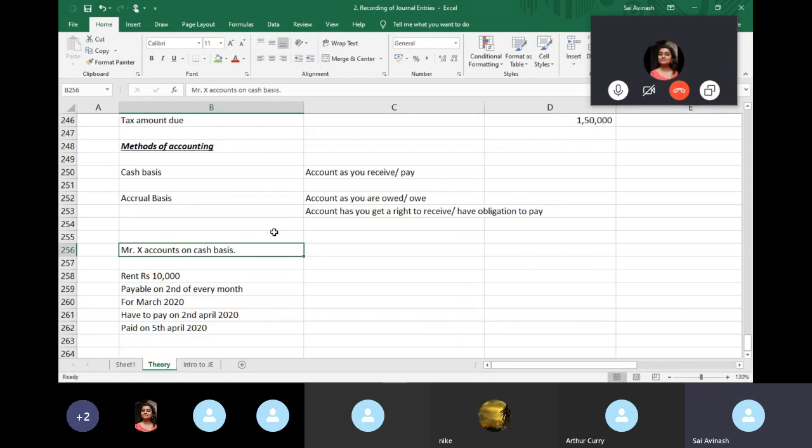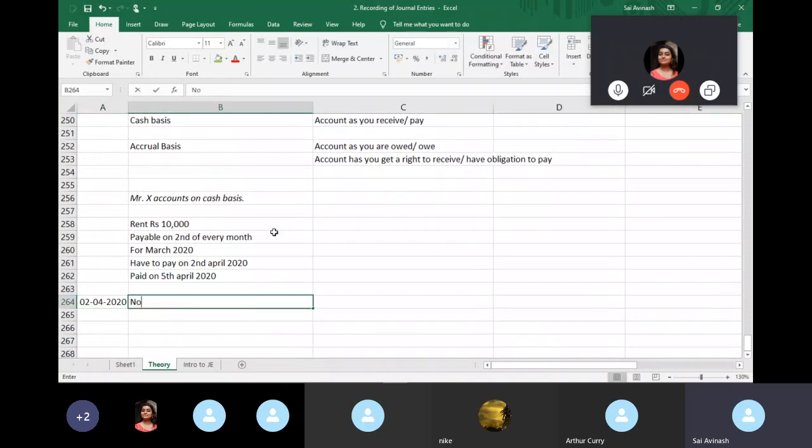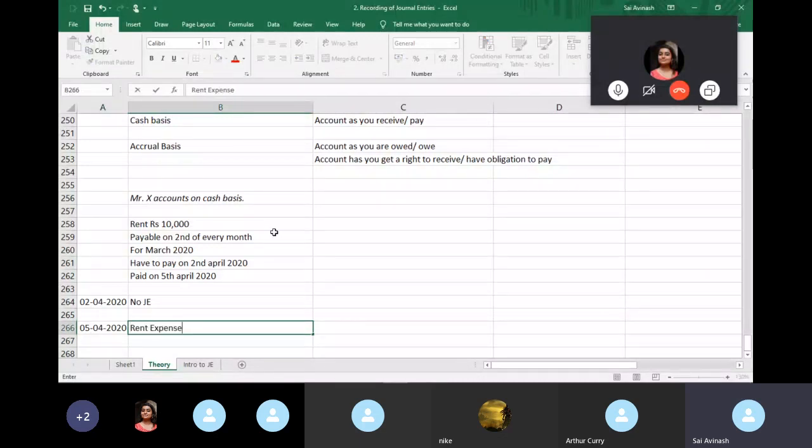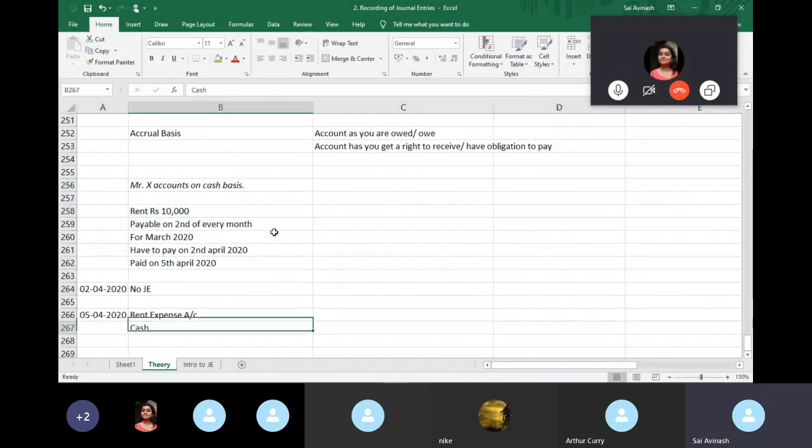If I'm accounting on a cash basis, on 2/4/20 no journal entry is passed. On 5/4/20, I'll pass a very simple transaction: rent expense. I'm incurring an expense and paying, let's say, with cash. Don't confuse it with cash basis, because I'm using the word cash. It can also be bank.